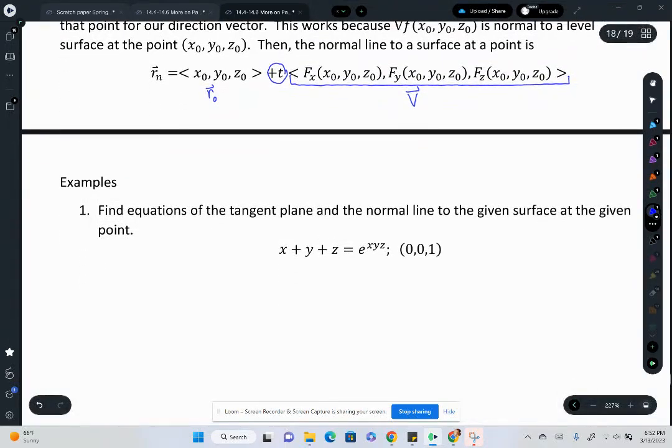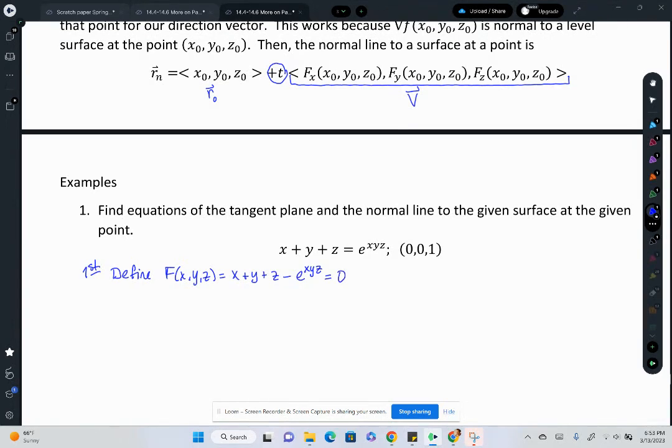So let's go through all the steps. First step, we are going to define big F of x, y, z. And the way we do that is we move everything to one side of the equal sign. I'm going to write this as x plus y plus z minus e to the xyz. This is equal to 0.